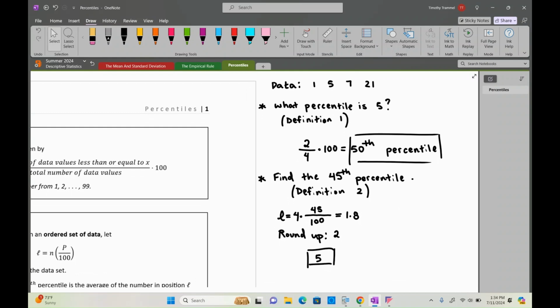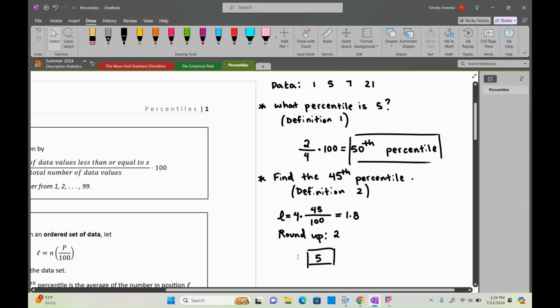Now, here's the thing. There's actually more than just 2 definitions for percentiles. There are actually many. So I'm going to have us mostly use definition 2 here. But I want you all to be aware that with small data sets, talking about percentiles is a little less meaningful because, as you can see here, there's a discrepancy.